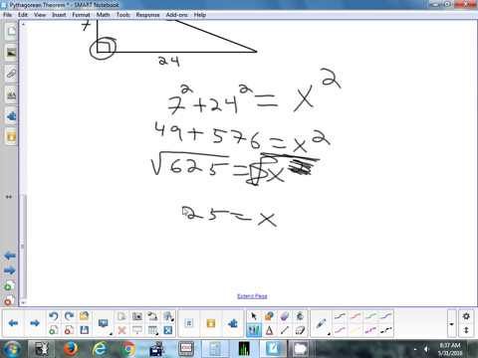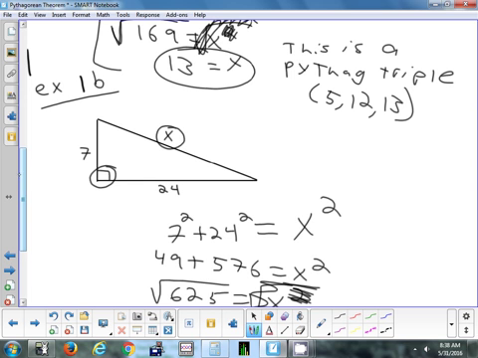So, because we got a nice answer, do we have a Pythagorean triple? What do you guys think? Did we get a Pythagorean triple there? Yeah. The Pythagorean triple is 7, 24, 25. That's a new one. I never showed you guys that one, and it's one that I don't have memorized.